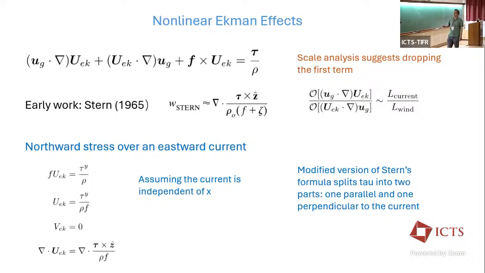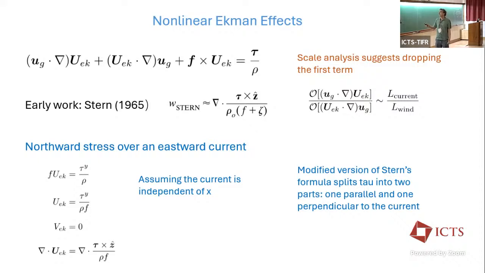But you can imagine the same eastward current, but a northward stress blowing over it. So u depends only on y, but the stress is in the y direction, so the Ekman transport is in the x direction. I get a u Ekman d/dx of u, but that depends on y, and there's no v Ekman, so this is 0, and I just get the regular old formula back.